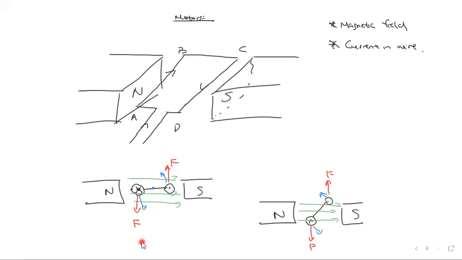Key things you should understand: in the simple examples of motors we're talking about here, the direction of the force is constant in the sense that it's always up, down, right? We might flip it with a commutator, which we'll get to in a moment. Certainly the magnitude of the force is constant.